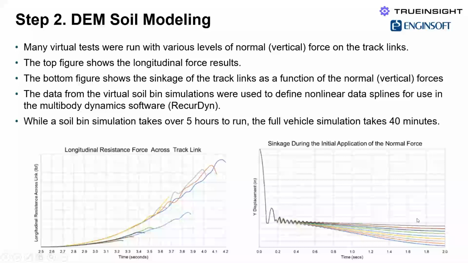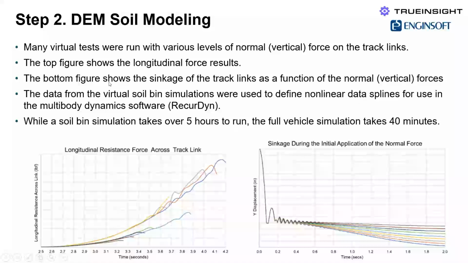So on the lower right, this is a plot showing sinkage for different values of normal force. And on the lower left is looking at the forces developed resisting the breakout event. And you can see at some point, the curve drops off, and that's when the track link is breaking free.